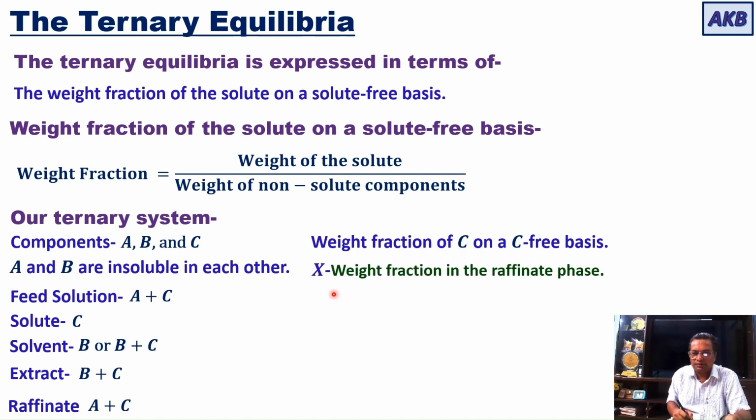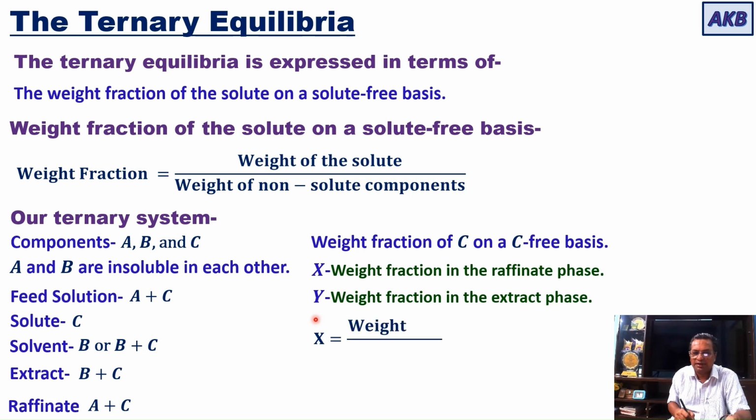So such a weight fraction of C on C free basis in the raffinate phase will be denoted by capital X. And weight fraction of C on C free basis in the extract phase will be denoted by capital Y. So in this case, X will be weight of C in the raffinate divided by weight of non-C, weight of component other than C. And which is that component?